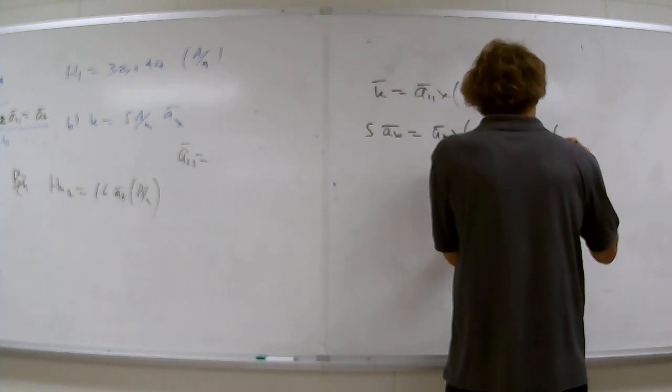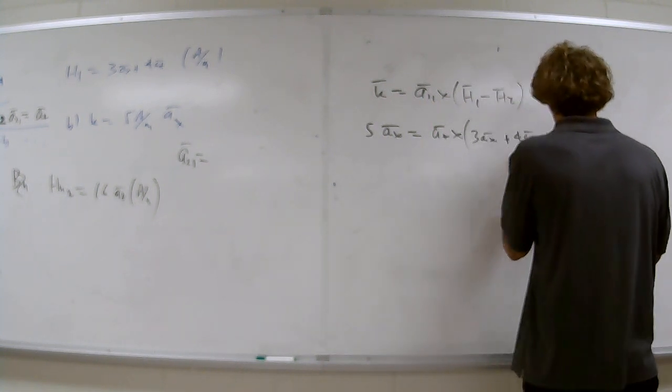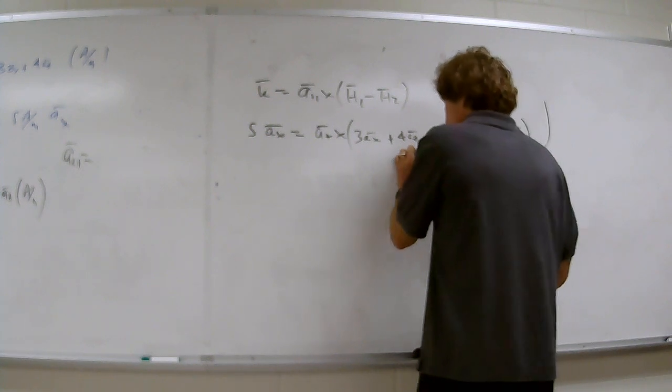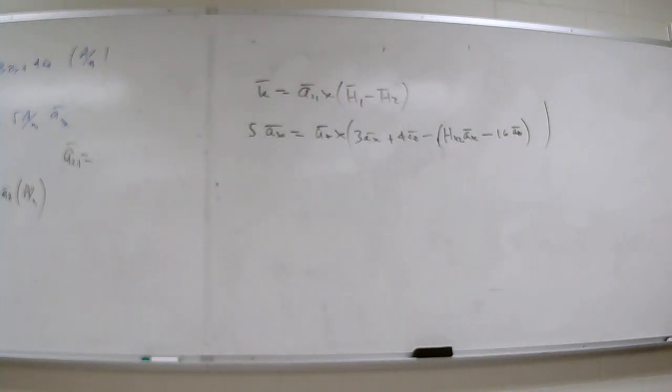So I'm just going to call this HX2 AX minus, and then it's going to be HZ equal to 16 AZ. Just take a look for a second at what I've written. You're going to see there's one unknown after we do everything. Please make sure you watch this because people mess this up.